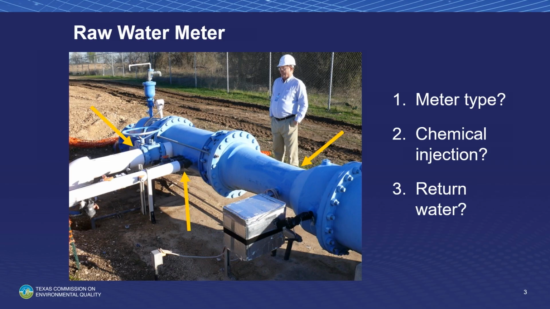Okay, so you have to be careful about how you get your meters calibrated. You have to be careful about chemical injections in and around these meters. If you've got a real hard water like we do in West Texas, and you decide to do any kind of pH adjustment in and around some of these meters, if you get the pH too high, and we'll talk about this again in just a few minutes, you can get a little lime softening effect, and you can get some scaling happen in those meters that can affect their output quite a bit.